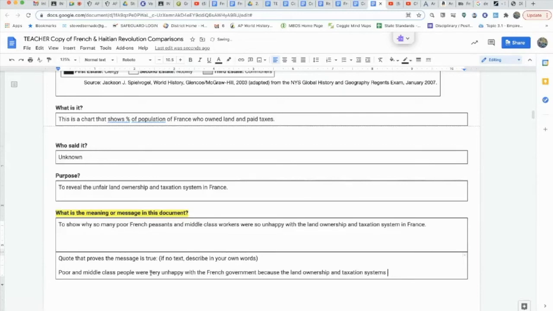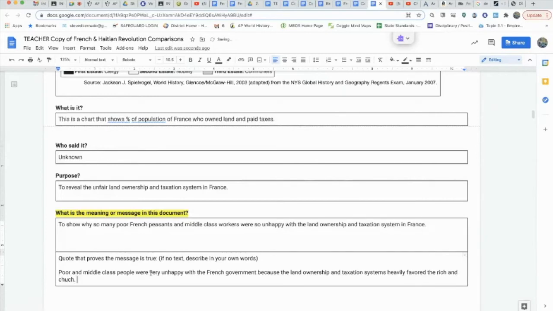Well, we could say the systems heavily favor the rich, the church. This is how we make it our own words, right? Those poor people and middle-class people really suffered.